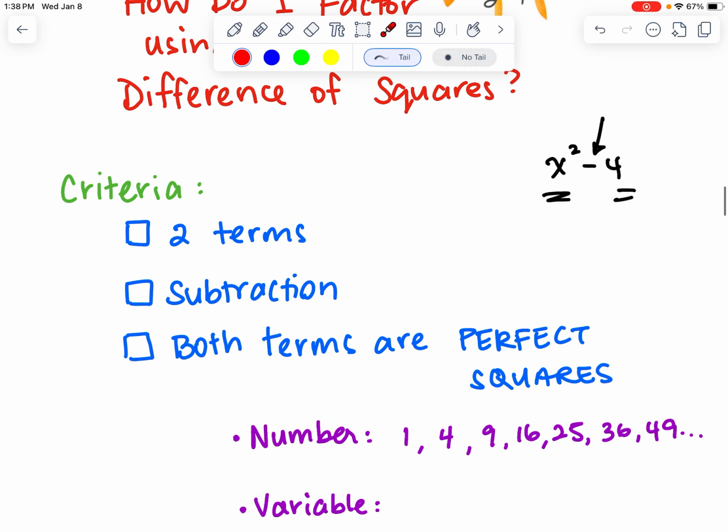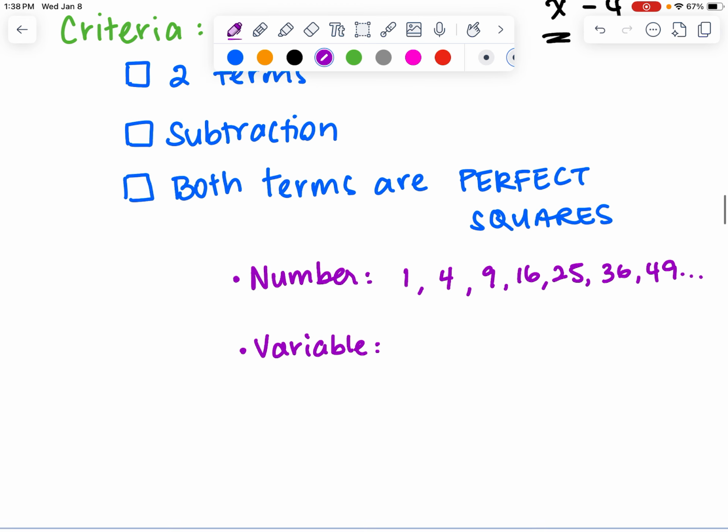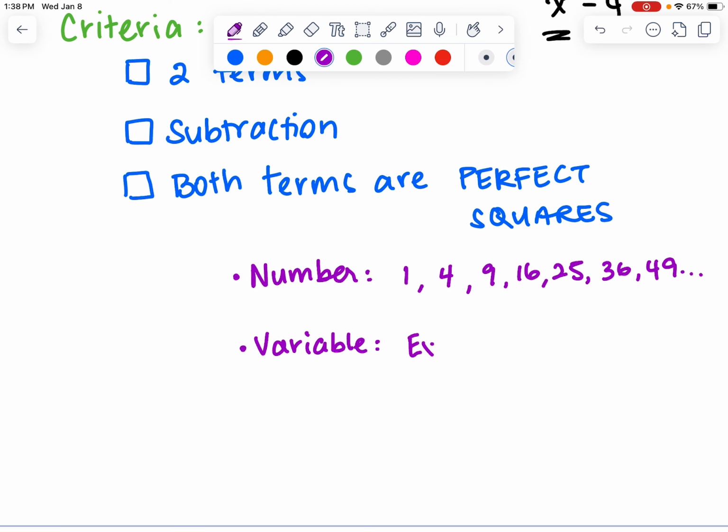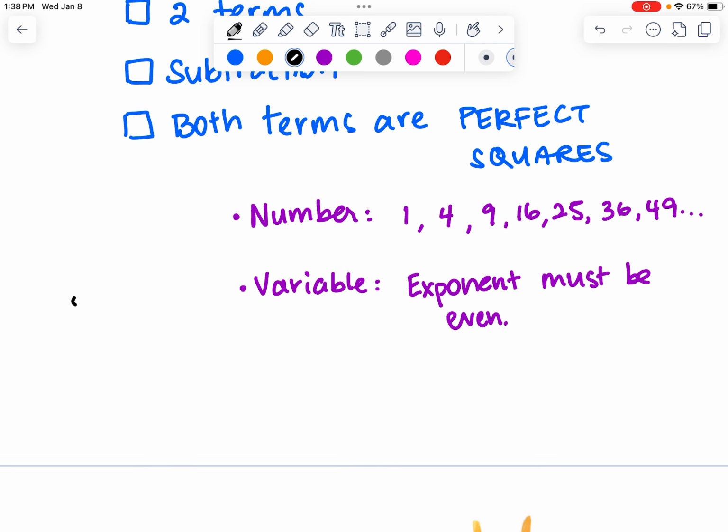If I have a variable though, so if I take a look at this, is this a perfect square? Yes. How do I know if something with variables is a perfect square or not? I look at the exponent. It's all about the exponent. The exponent must be even. Quick reason for why that's the case.